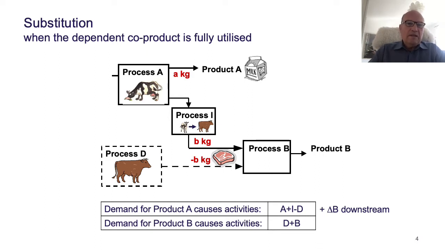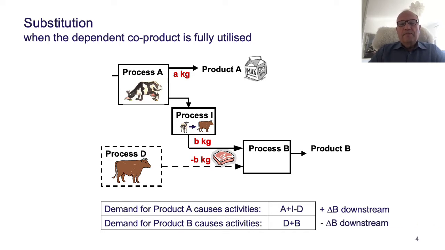It could be a slight variation in content of different materials, and this difference in the composition of the two products B means that downstream in the life cycle of product B, there will be a slight change when you use the byproduct instead of using the output of the beef cattle. And that downstream difference in the life cycle of product B also has to be ascribed to product A, because that is causing the downstream effect.